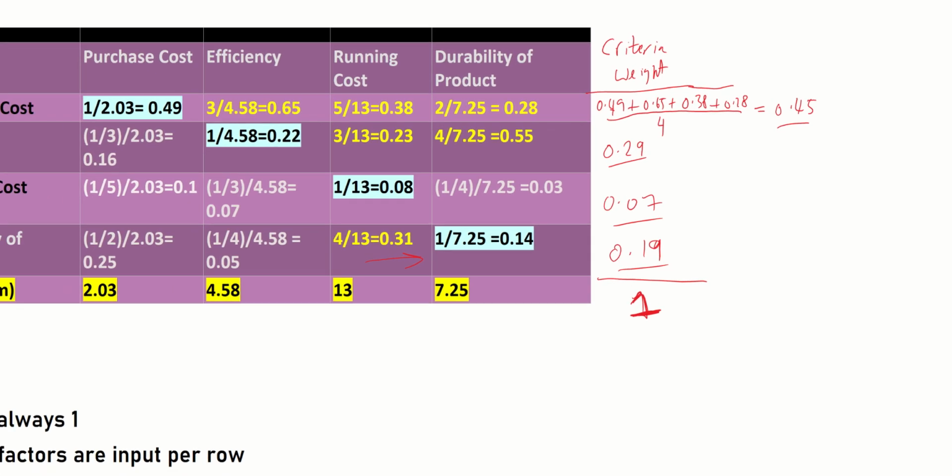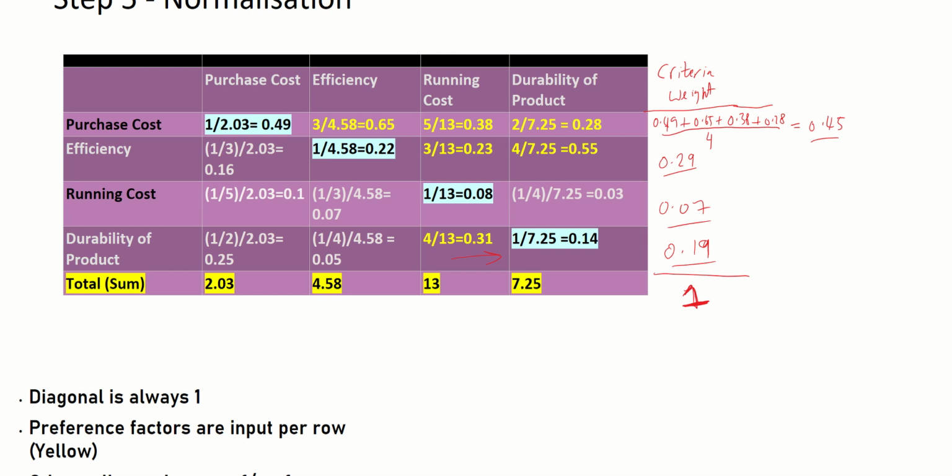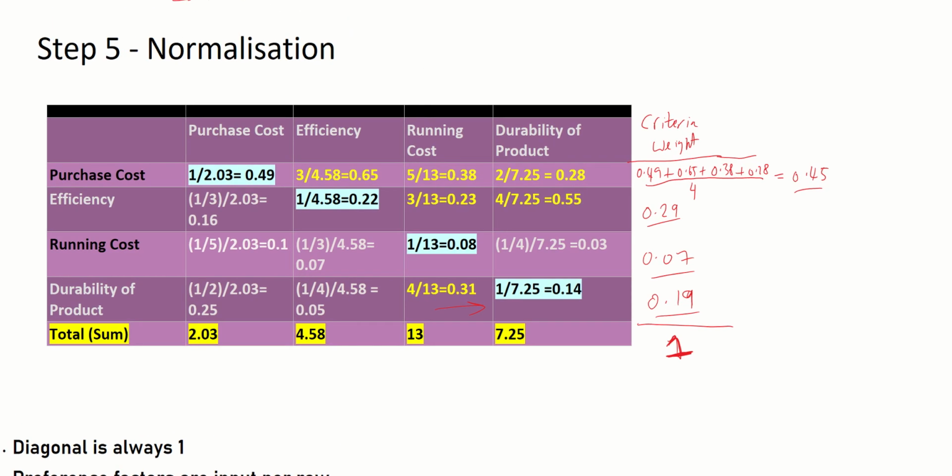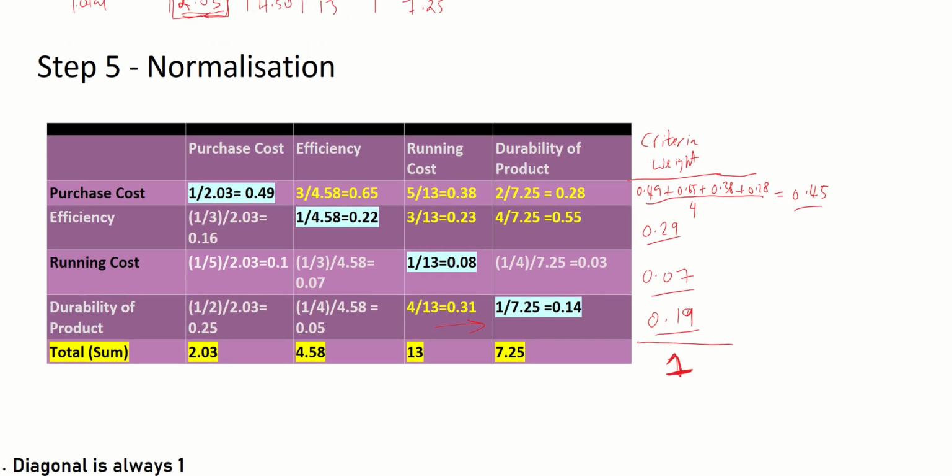Basically, what we're saying over here is that we've got several criteria that we're looking at. So criteria number 1 is the purchase cost, criteria 2 is efficiency, criteria 3 is running cost, and then criteria 4 is the durability of the product. Now, to each criteria, we need to associate a certain weighting. How important is it to the decision maker?